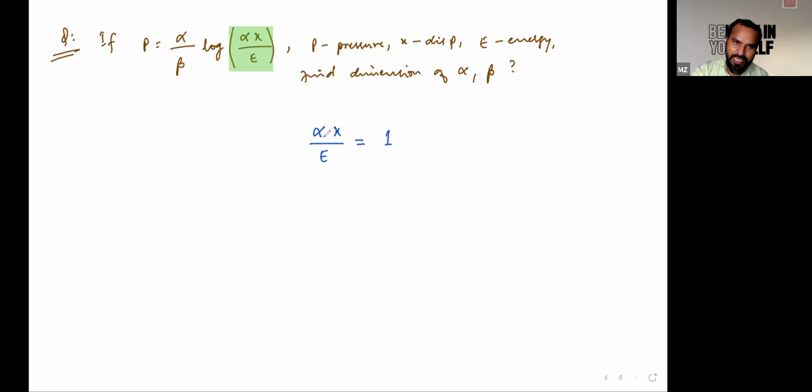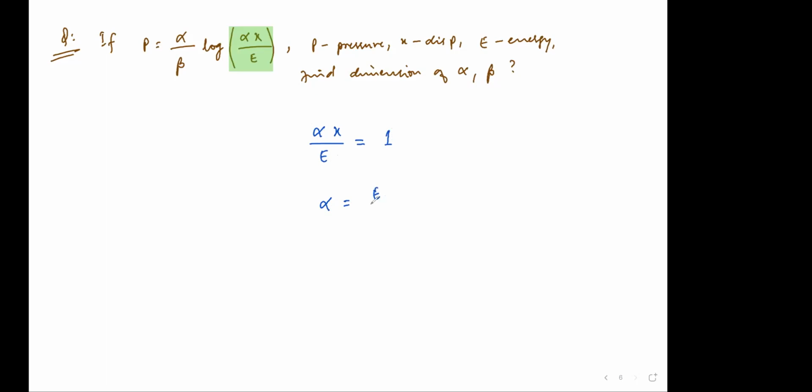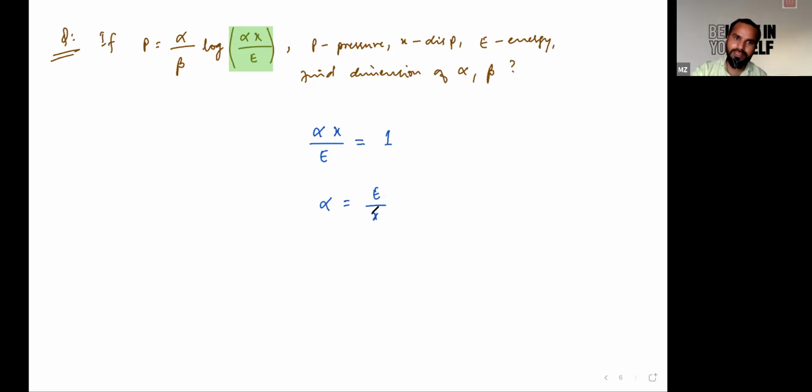Now we have to calculate alpha from this expression. So alpha is equal to, bring this e to the other side. It is already in the denominator here, so it will be in the numerator, and x is in the numerator, so on bringing to the other side, it will be in the denominator. Now put the dimensions. The dimension formula for energy is M L squared T raised to the power minus 2.